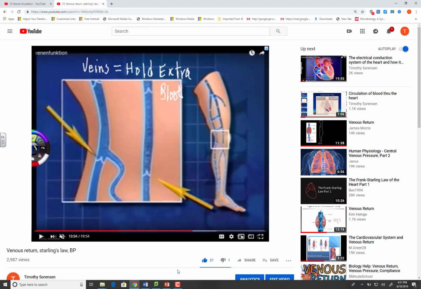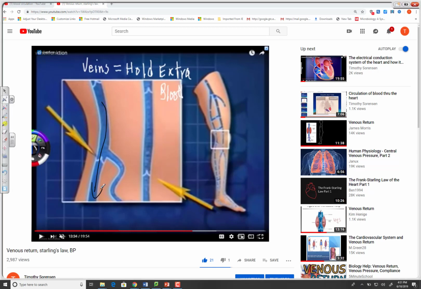Now watch. As you get older, those valves get stretched out, so they don't work so good. So you get varicose veins, and that means that blood will pool in your legs. So that venous blood settles there, and it starts pushing fluid out of the cardiovascular system into your little feetsies.